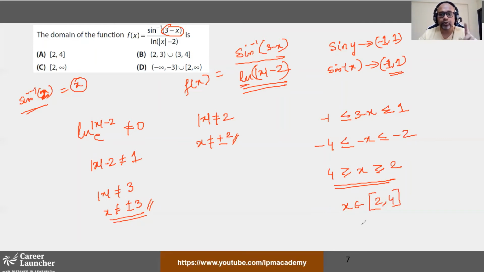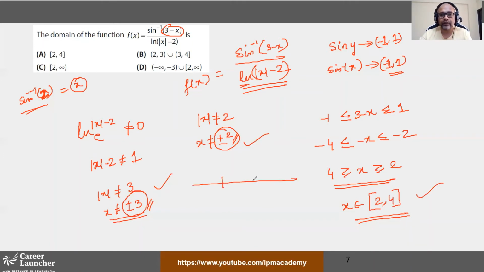So my answer should be 2 to 4, but I have to keep in mind plus 2 or minus 2 should not be there. Plus 3 and minus 3 should also not be there. So I cannot accept this as it is. I have to take the intersection of all three.